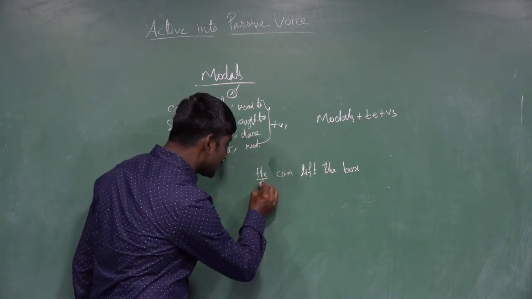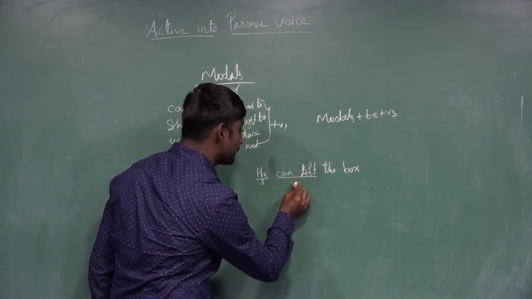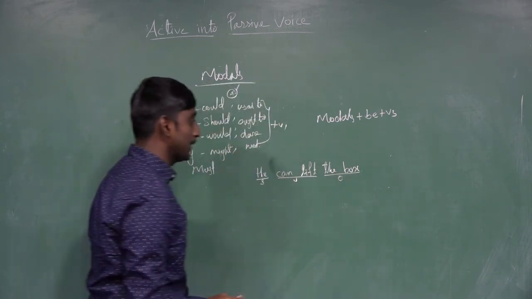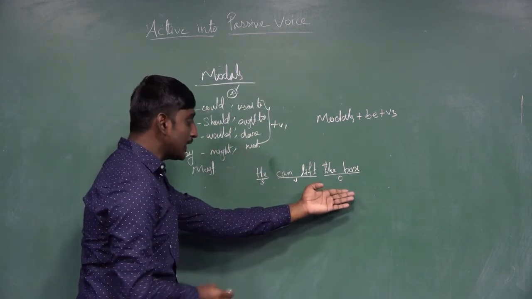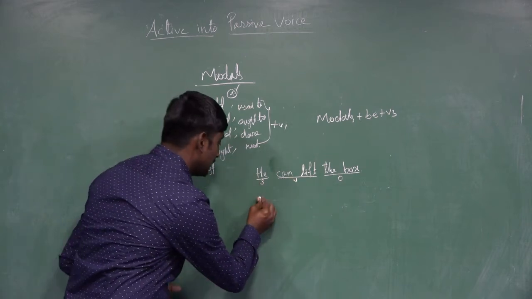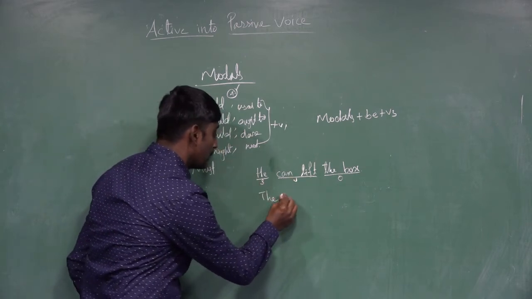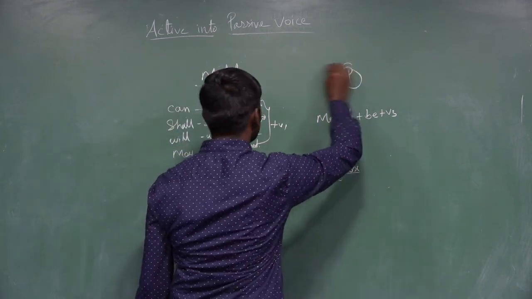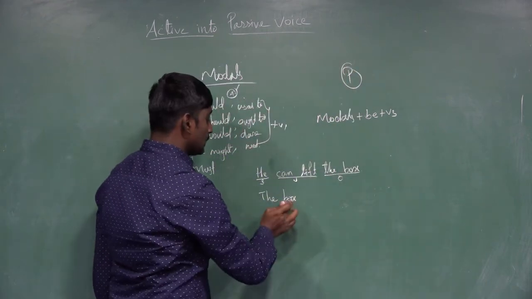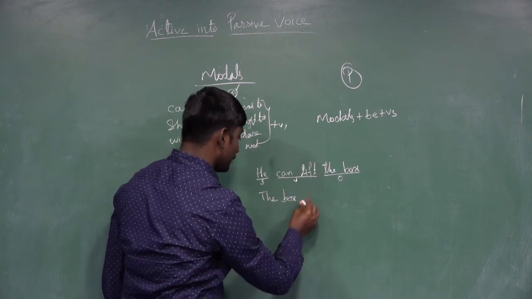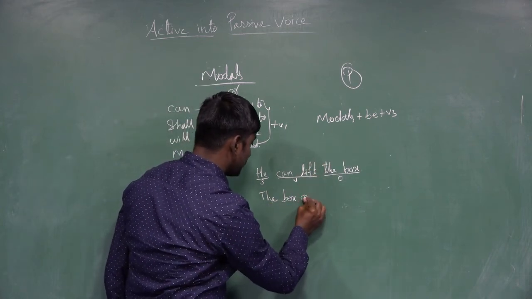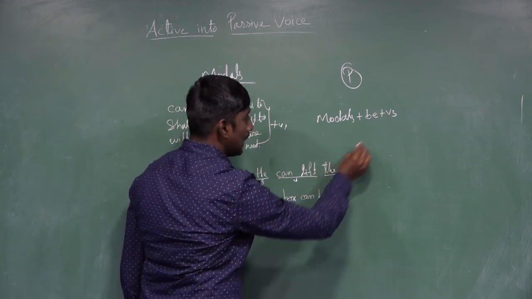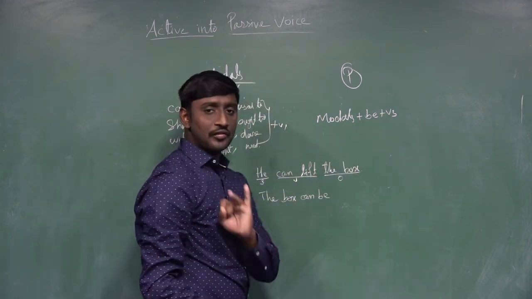He is the subject, can lift is the verb, the box is the object. The object comes from the subject place. The box can, so can be, and the V3 form, lifted.